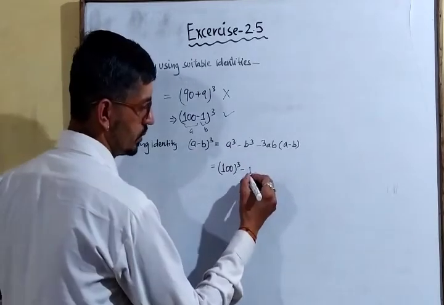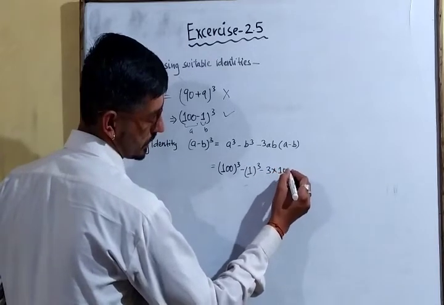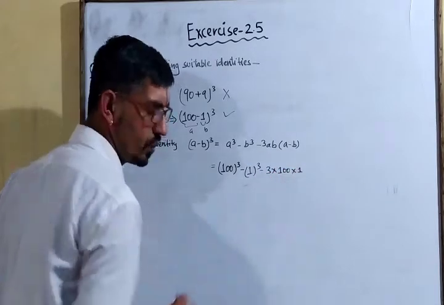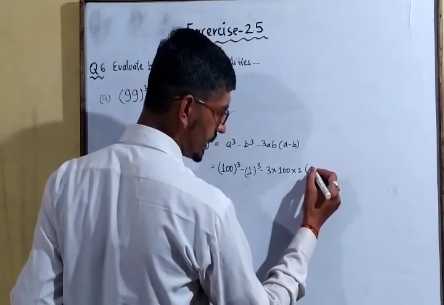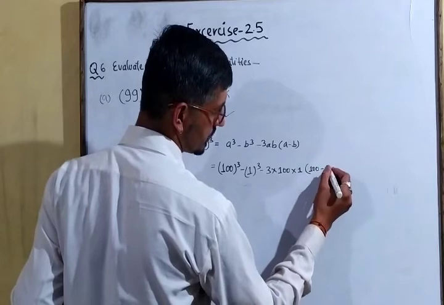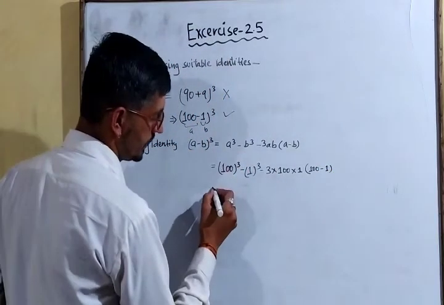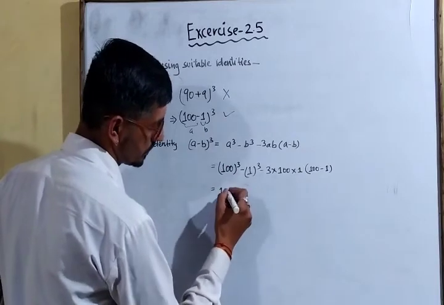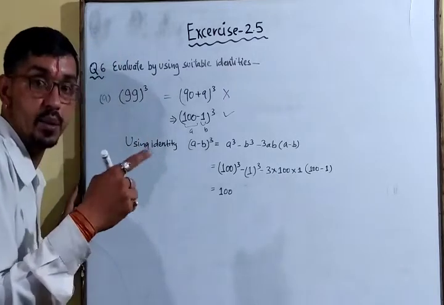Okay, the cube of a, it is a, it is b. So first we will expand a, that is cube of 100, minus the cube of 1, minus 3 into a which is 100 into b which is 1, into a minus b, that is 100 minus 1. Okay, now the cube of 100 will become 1 followed by 100 into 100 into 100.